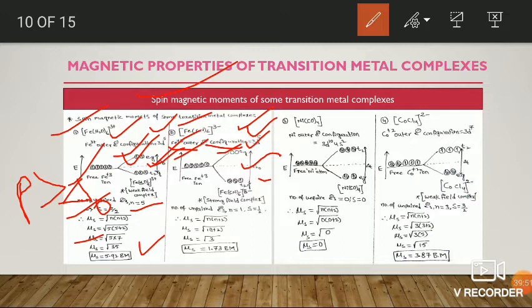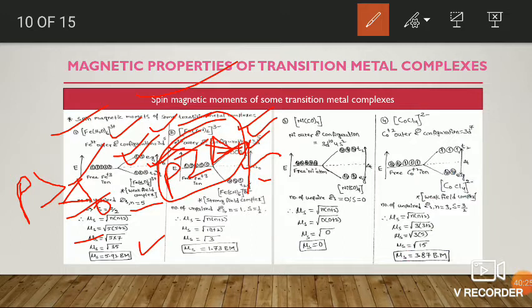But in the case of the hexacyano complex, that is, in the case of a strong field complex, the energy separation is very high. So in this case, P is less than delta O, that is, the pairing energy is less than delta O. In the case of strong field ligands, the energy separation between the two sets is very high.